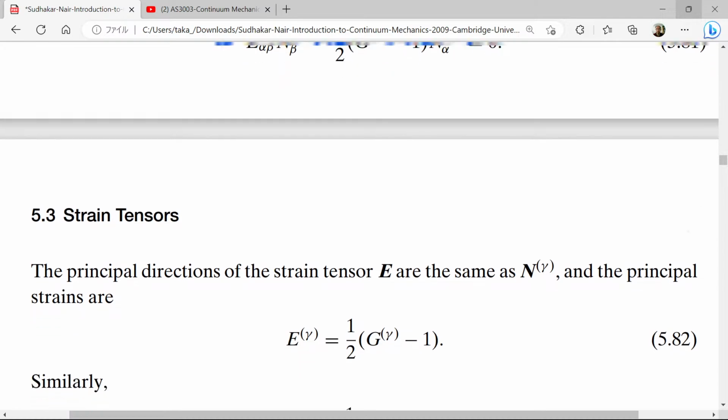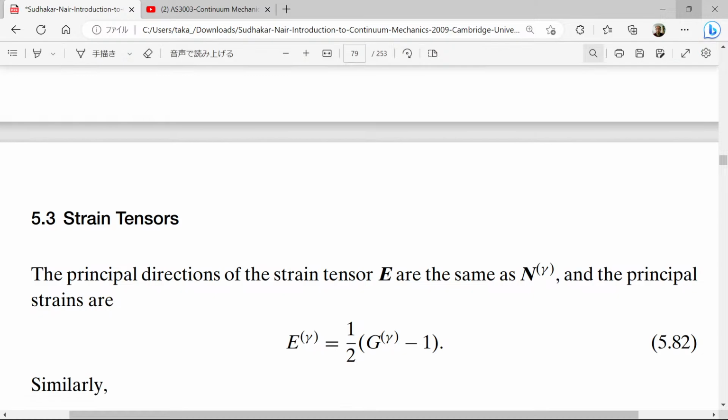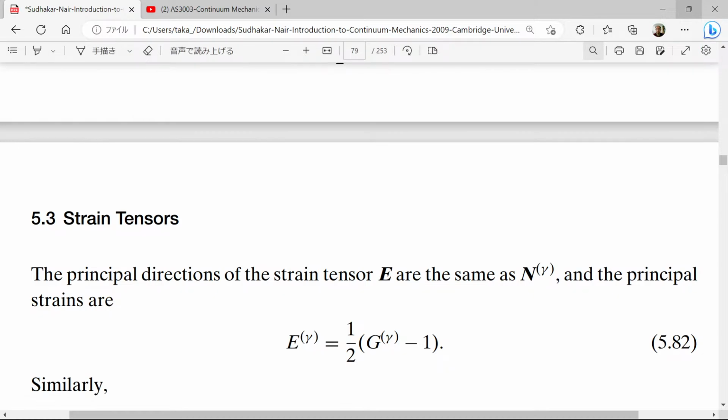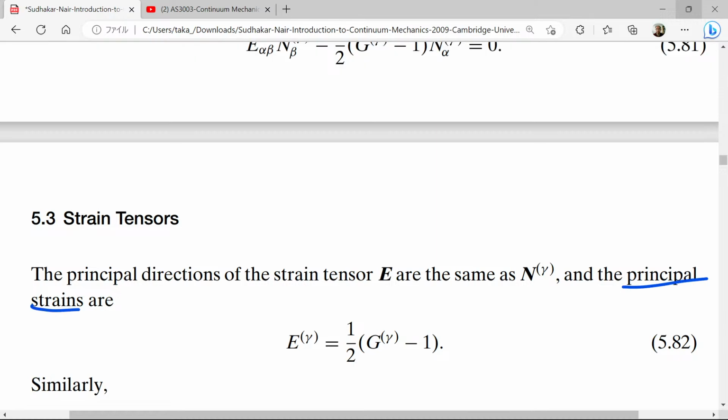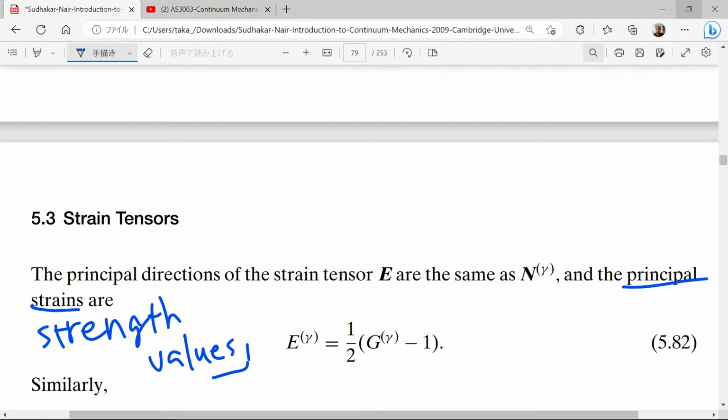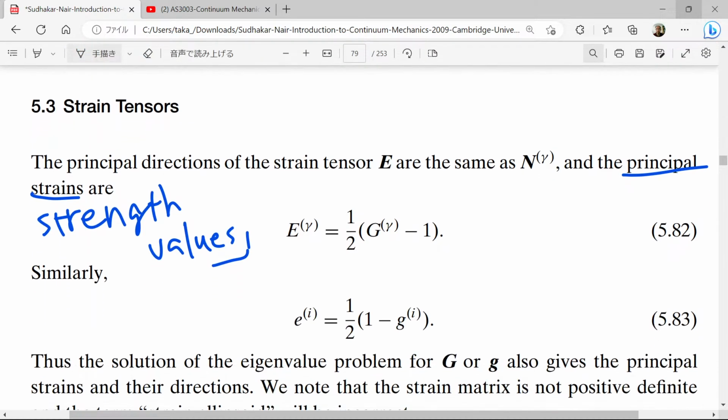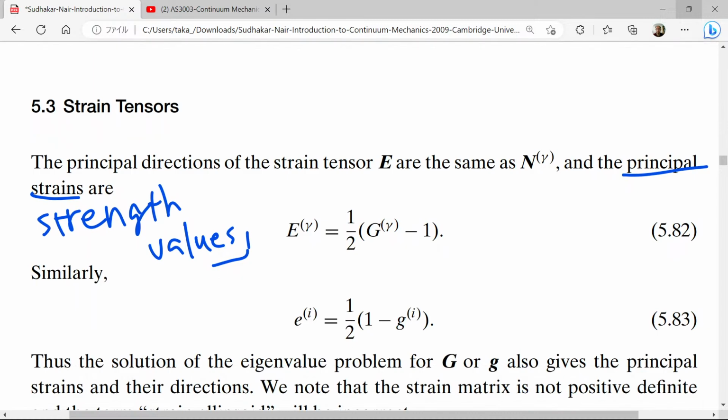And the principal strains are, this is like a principal strain strength, or like value. Principal strain values are something like this, 1 half G gamma minus 1.